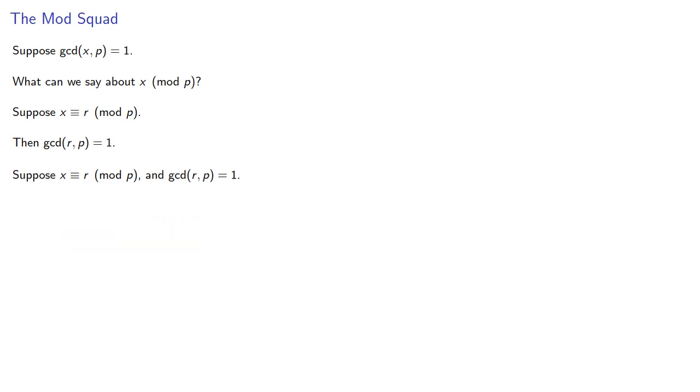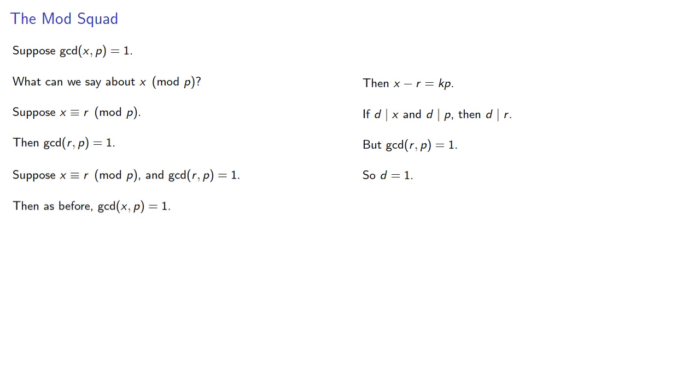Then again, x minus r is a multiple of p. If there is something that divides both x and p, it must also divide r. But since the greatest common divisor of r and p is 1, that common divisor has to be 1. And so as before, the greatest common divisor of x and p is 1.